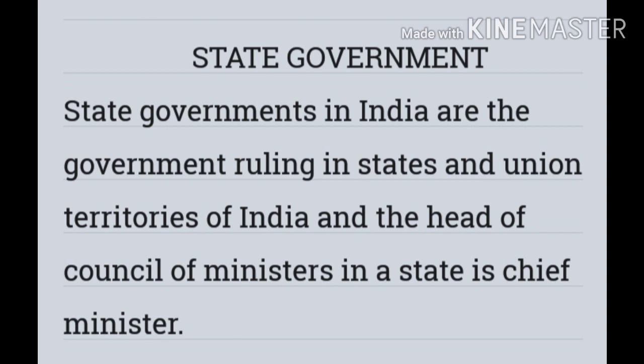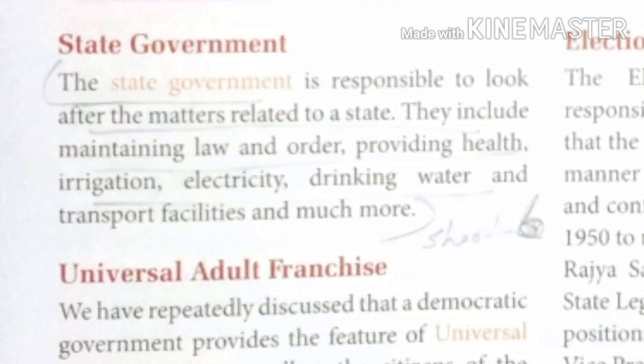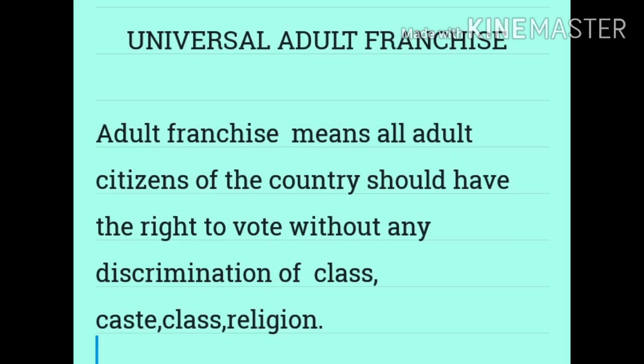The state government is responsible to look after the matters within the state. The responsibilities of a state government include maintaining law and order within the state, providing health care, irrigation facility, electricity, drinking water and transport facilities, and much more.